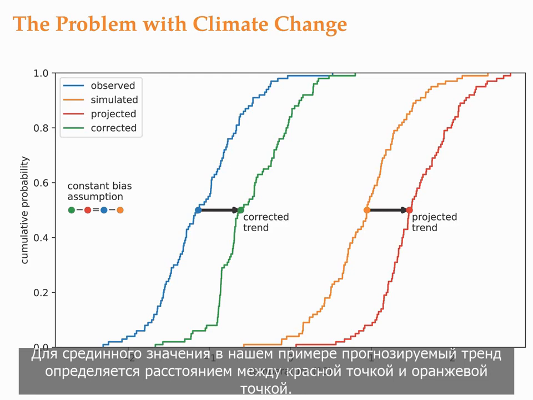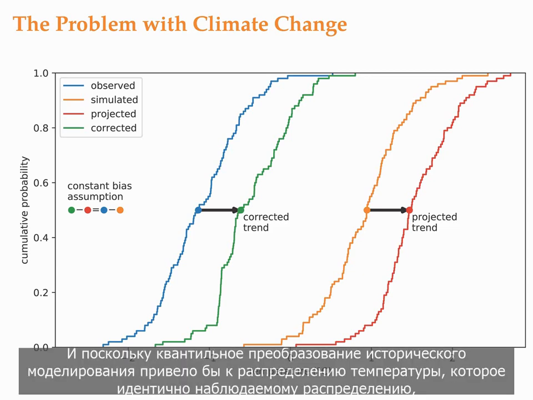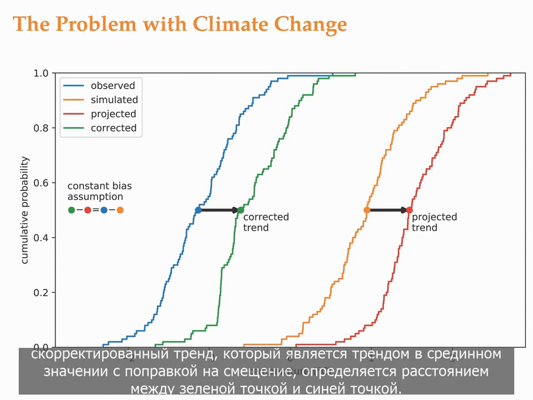For the median in our example, the projected trend is given by the distance between the red dot and the orange dot. And since a quantile mapping of the historical simulation would result in a temperature distribution that is identical to the observed distribution, the corrected trend, that is the trend in the bias-corrected median, is given by the distance between the green dot and the blue dot.